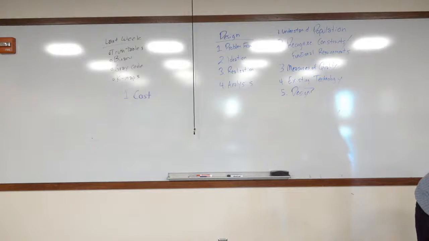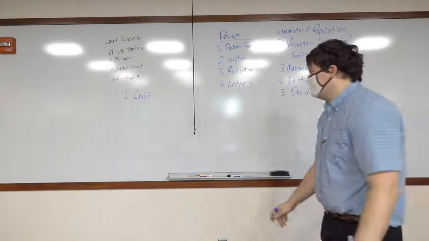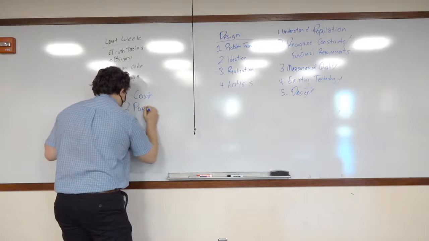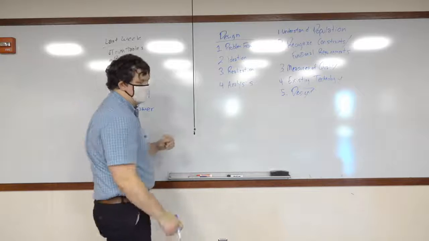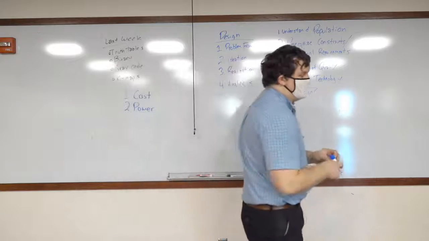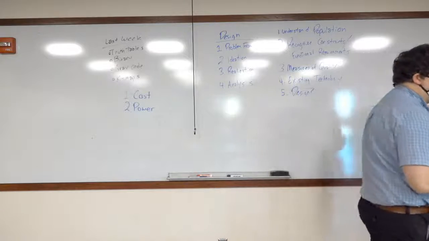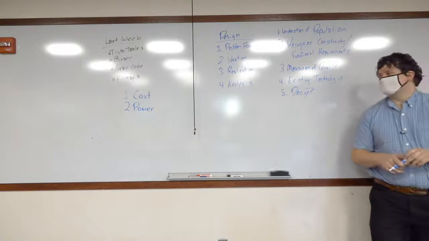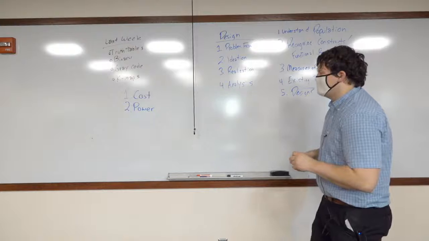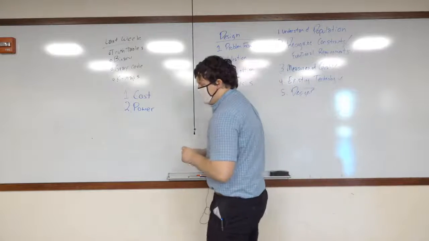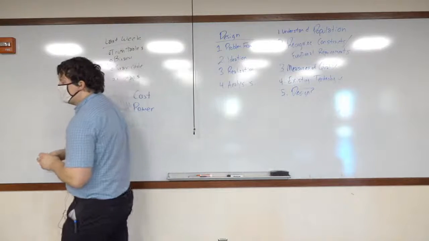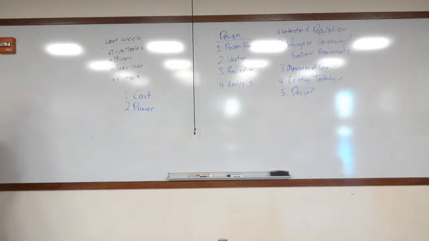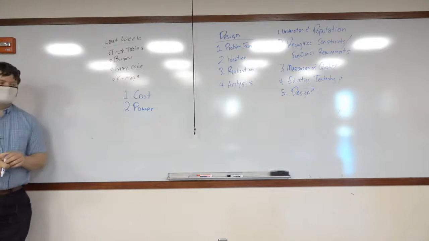So, money was one. The second one was power. Okay? When it comes down to it, power and cost are fairly related. Not just because energy costs money, but because energy is itself a form of currency. All of us utilize energy in many different forms.